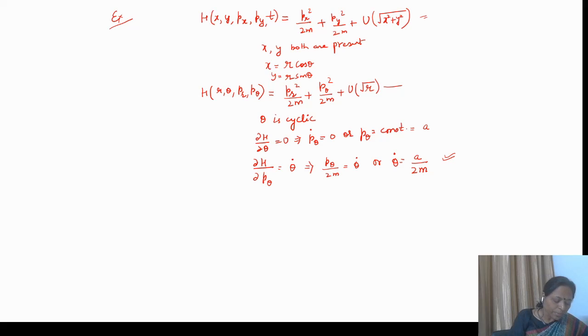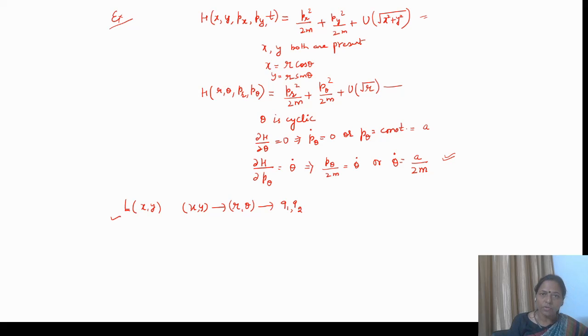So suppose I have a coordinate system in Lagrangian mechanics in terms of x and y, and L is the Lagrangian for that coordinate system. Now I transform this x y to some other coordinates, say r theta, or rather q1 q2.